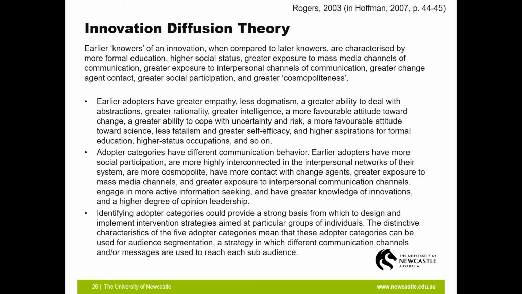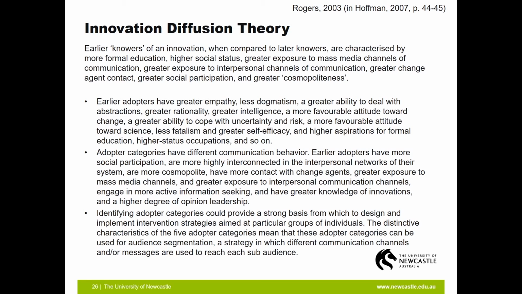They have a greater ability to deal with change. They have a greater ability to deal with abstraction, which means that innovations, particularly at the very early stages, might still have information developing about them, so there's probably a fairly high level of uncertainty when innovations first come into a market or first come into a unit for adoption. Early adopters generally handle that a little bit better than some of the other adopter categories. They generally have more favourable attitudes towards change, cope with uncertainty and risk better, etc.